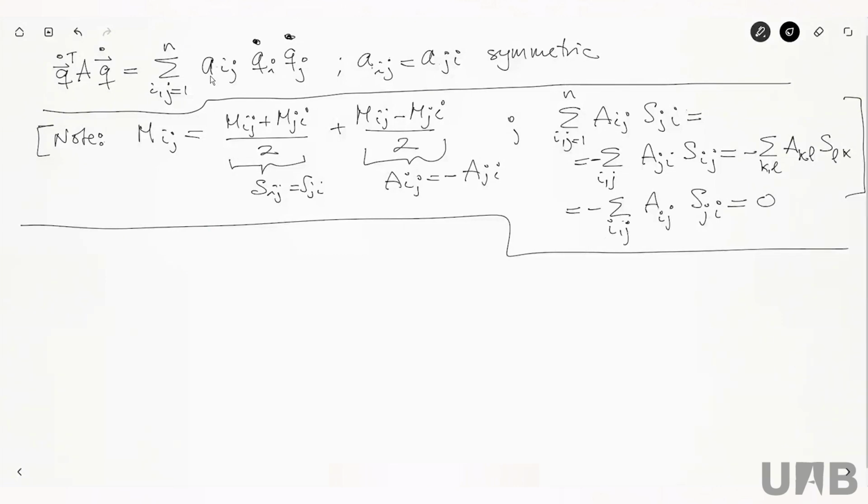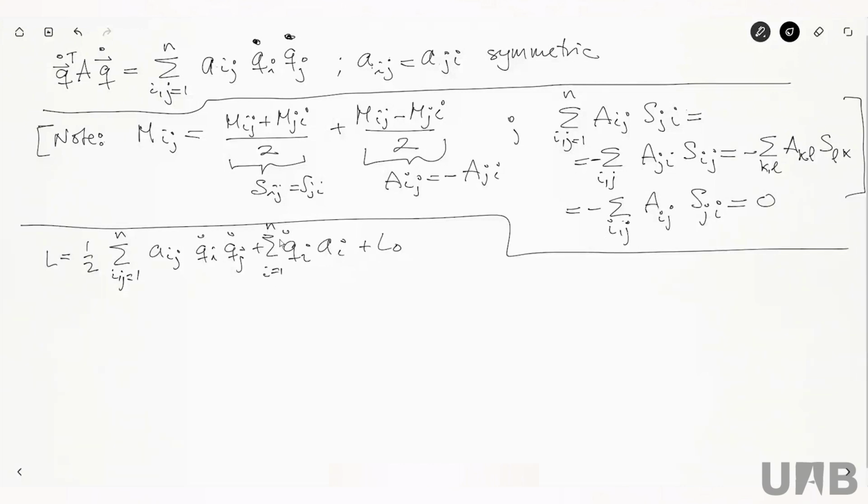And this is going to be helpful because now remember that the Lagrangian was 1/2 of the sum over i and j from 1 up to n of a_ij q dot i q dot j, plus the sum over i from 1 up to n of q dot i a_i, plus L0.